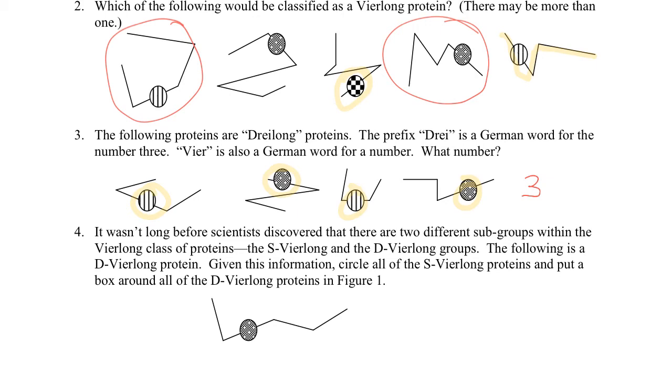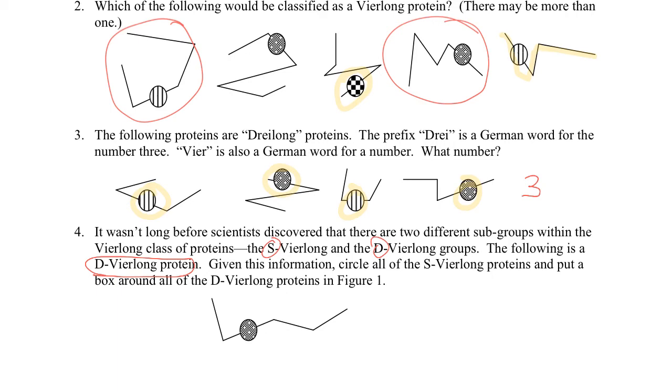I made it up. But in question 4, S and D, I just made S stand for stripes and D stand for dots. And the following is a D Vierlong protein. And so, given this information, go up and circle all the S Vierlong proteins and put a box around the D Vierlong proteins.